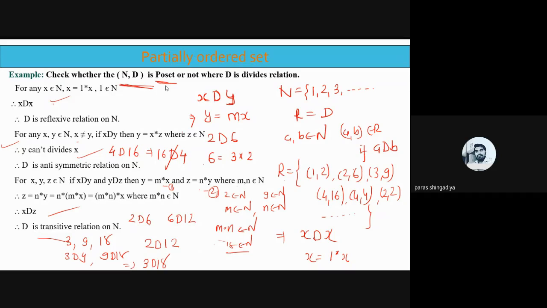Clear? So is it clear? Is there any doubt in the definition in these two examples? Yes. Is there any doubt to anyone?